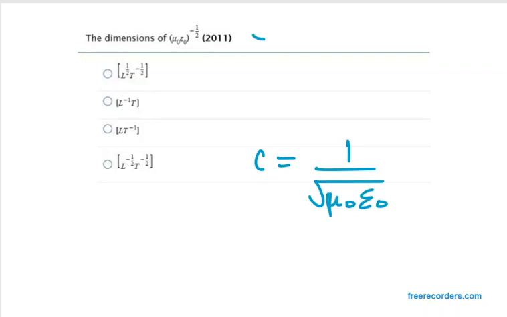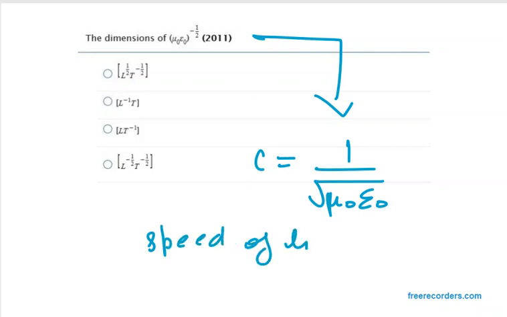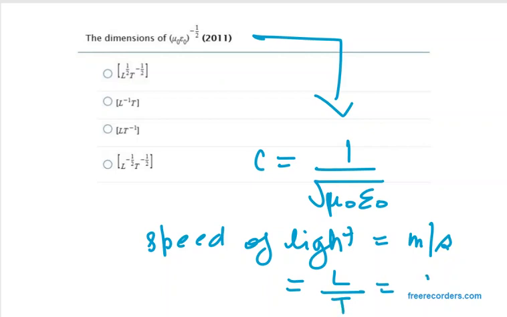This can be written in this form. So C is the speed of light, and speed of light is measured in meter per second. Meter is length and over time, so it will be L T minus 1, the C part.